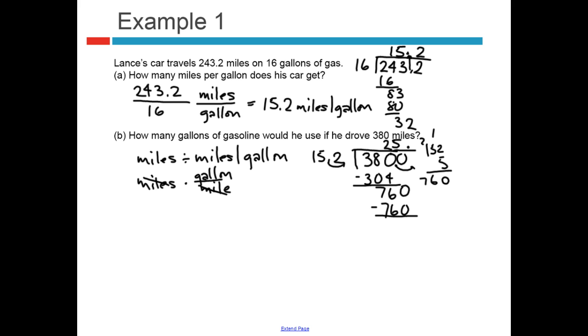That tells me that Lance will actually need 25 gallons of gasoline to travel 380 miles. So 25 gallons of gasoline will be needed.